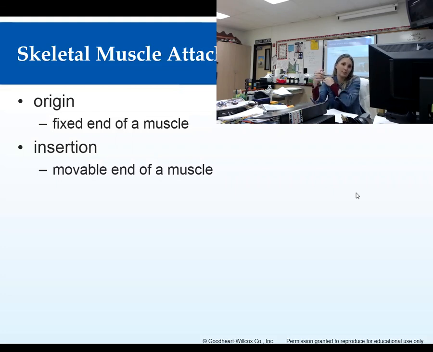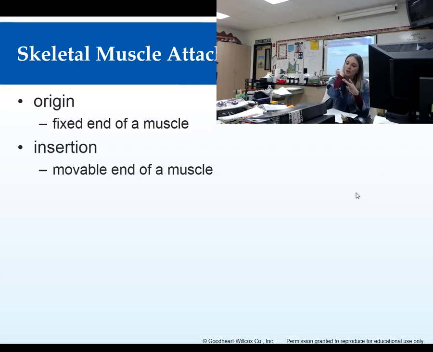When I flex my bicep, my scapula doesn't move, my shoulder doesn't move. This does. So the insertion point is like the end of it. Where does it go that makes it move? The triceps is attached to the scapula and to the humerus. It's inserted at the ulna. I'm going crazy today.